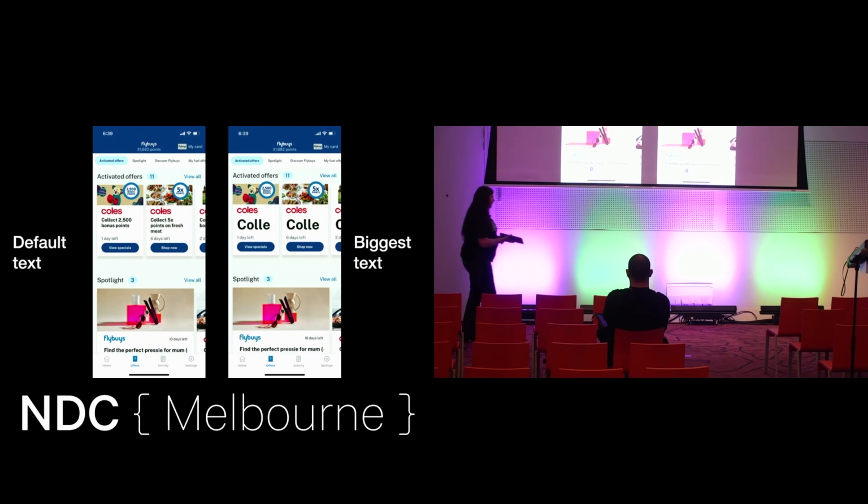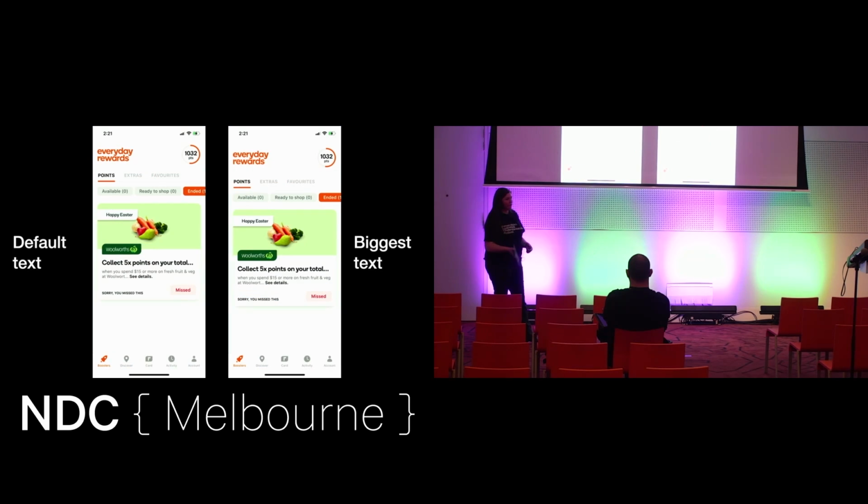And just to be fair, because there's 2 major retailer programs, I thought I'd better check out Everyday Rewards as well, and they're just as bad. So, no, they're actually worse because there is absolutely no change between the default and the largest text experience.